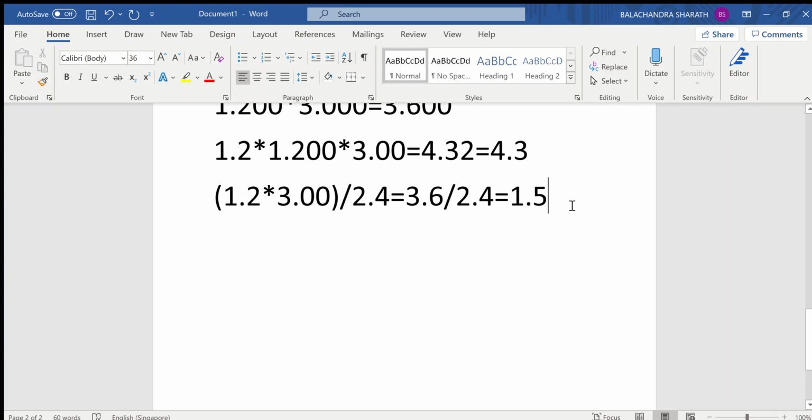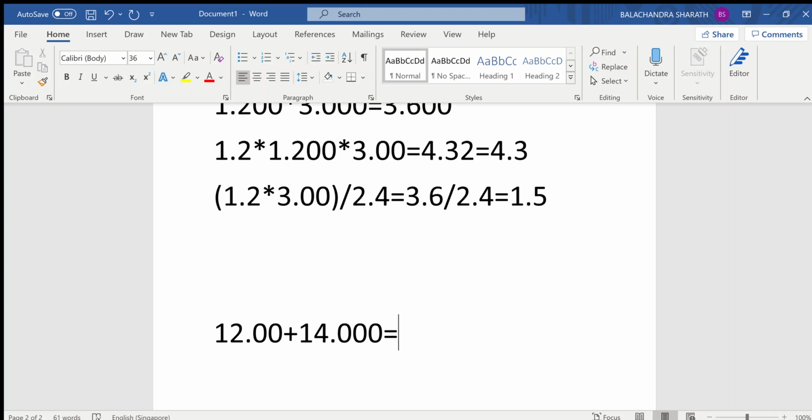Now let's move on to addition and subtraction. For example, if I say 12.00 plus 14.000 equals, obviously the answer we all know is 26, but we have to express this in the correct form. When we are doing addition and subtraction, we always need to look at the number of decimal points.